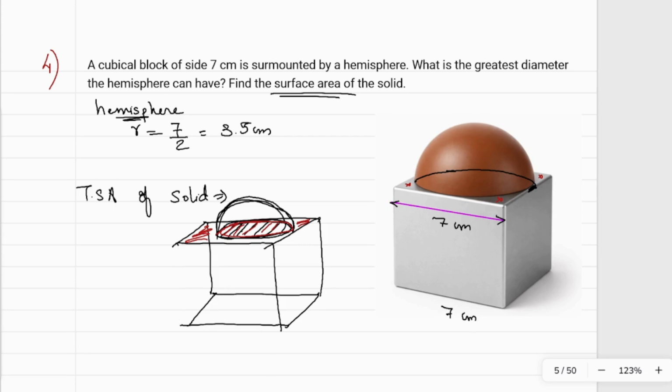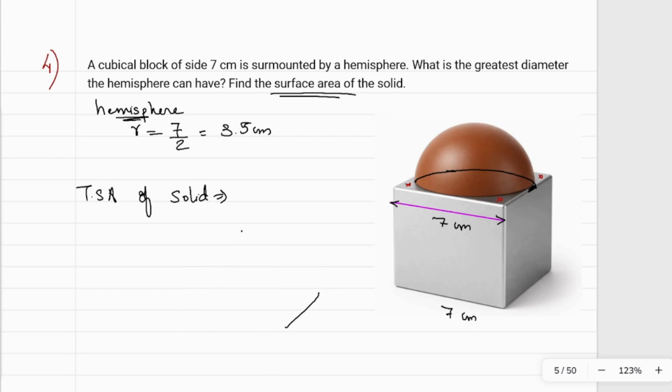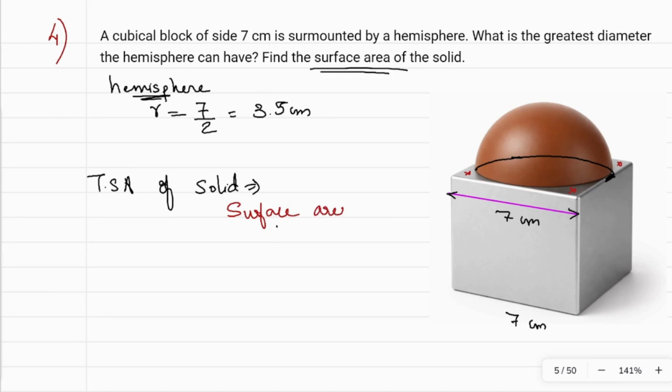Okay, so let us find that. First let me find the surface area of the cube, plus the CSA of the hemisphere. After finding this, we have to reduce the circular region, the circular base of the hemisphere, from this.